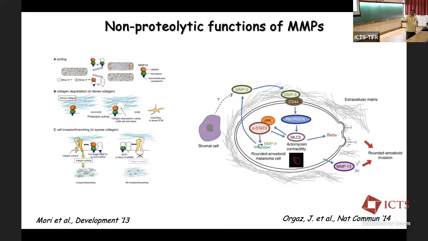But to their surprise, in these cases MMP9 was not necessarily degrading the matrix. What it was doing was binding to CD44, another prominent protein on the cell surface, and stimulating contractility, which means the cell can squeeze through pores. So again, a non-proteolytic function.